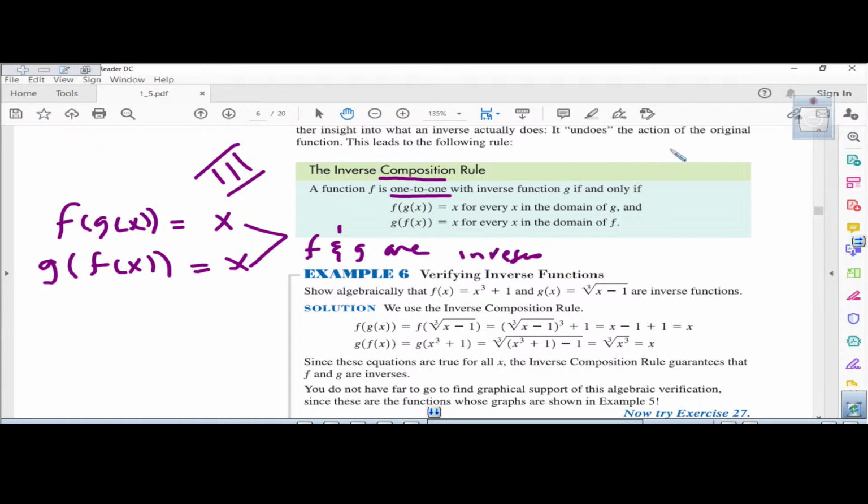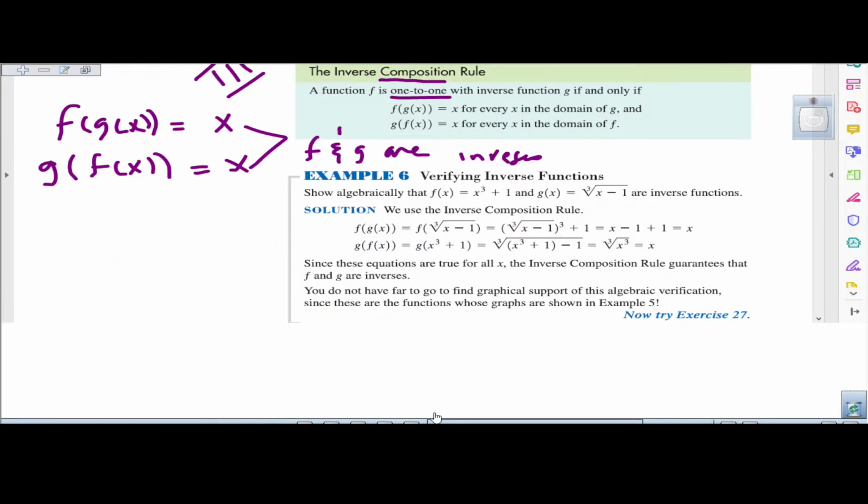And we call this 1-to-1 inverses. Okay? So again, I'm going to start with an easy example. Let's see if that is true. Start with f of x is equal to, let's say, x plus 3.